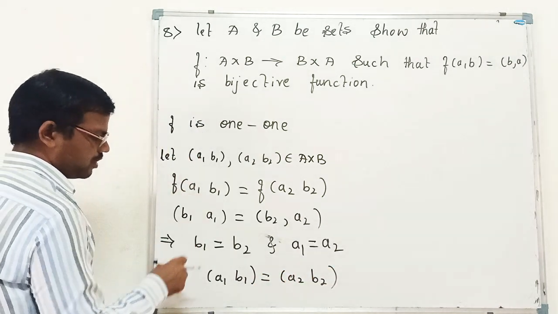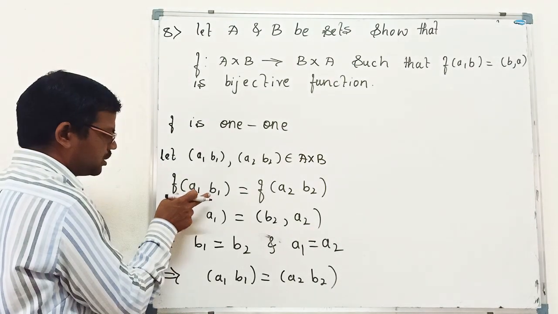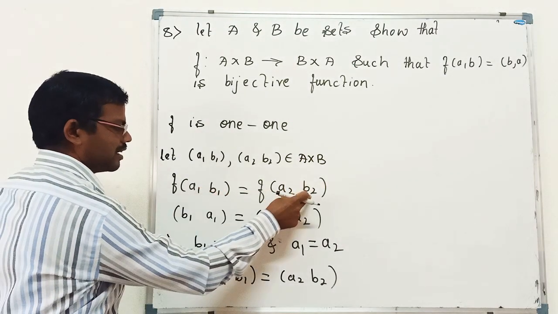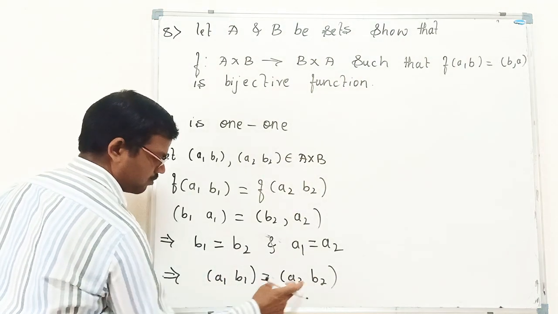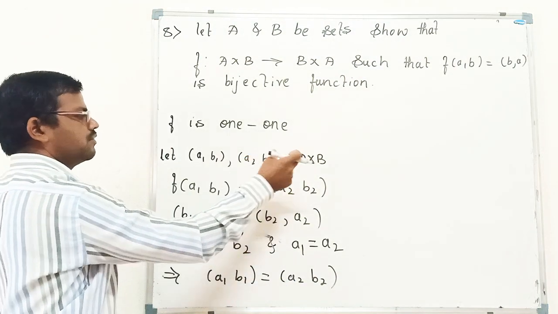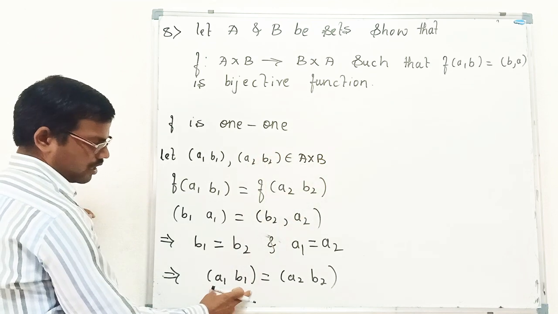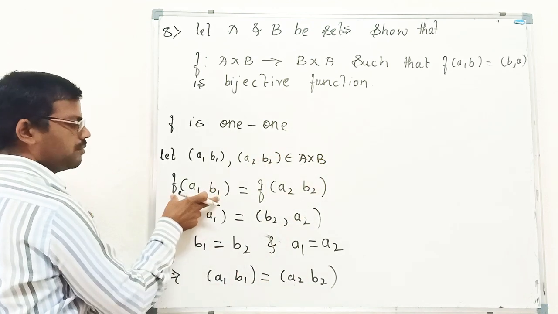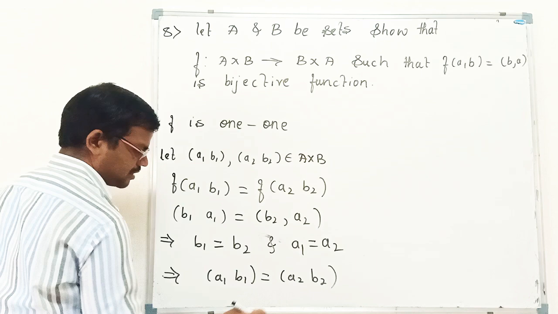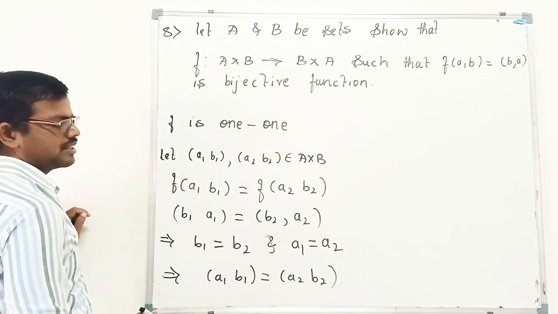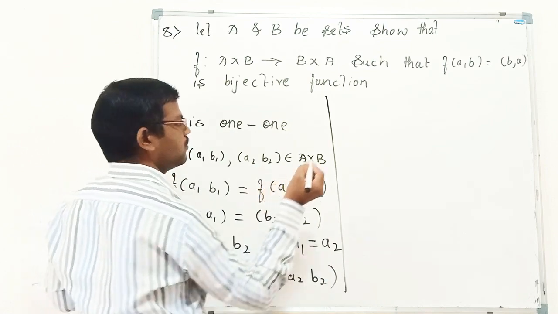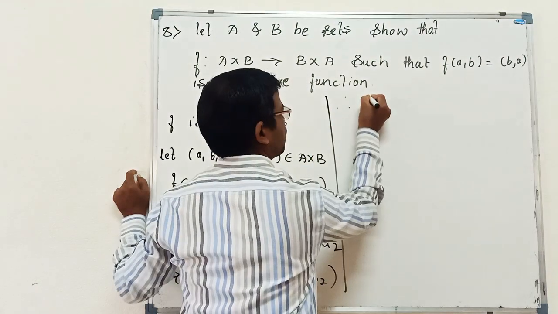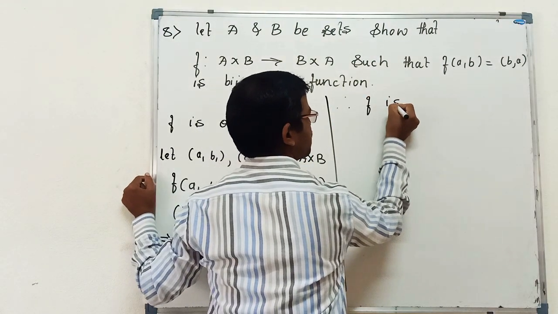So equal images have equal elements. Therefore f is one-one.